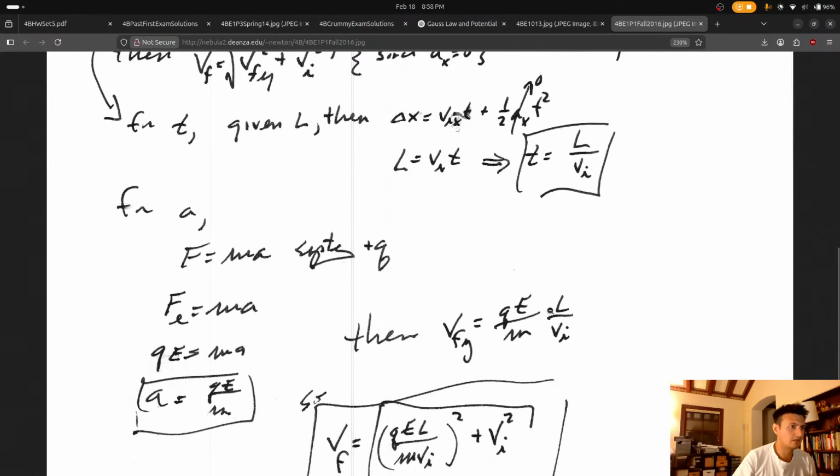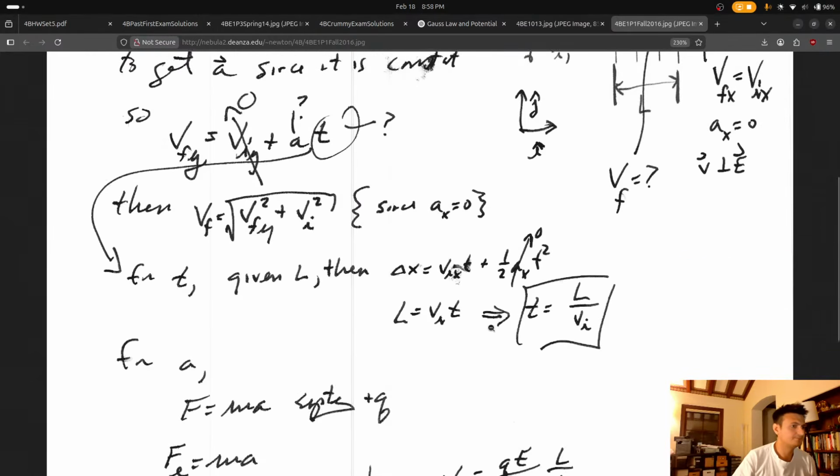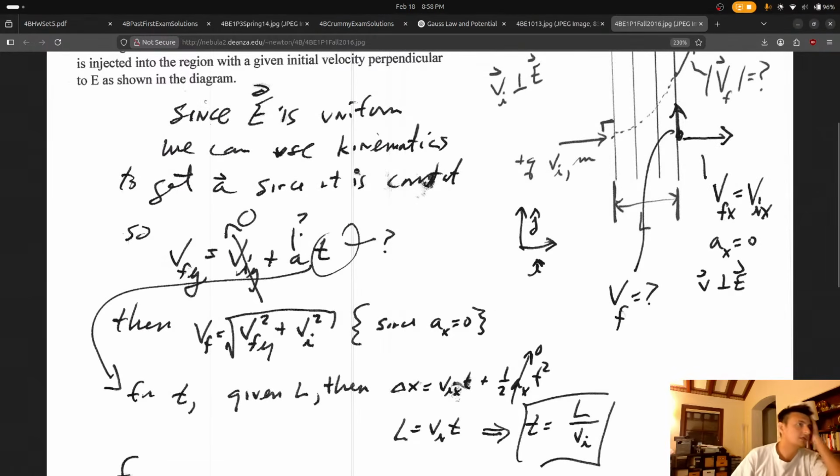Wait, V_fy is equal to V_iy plus AT. Okay, I didn't know that equation.